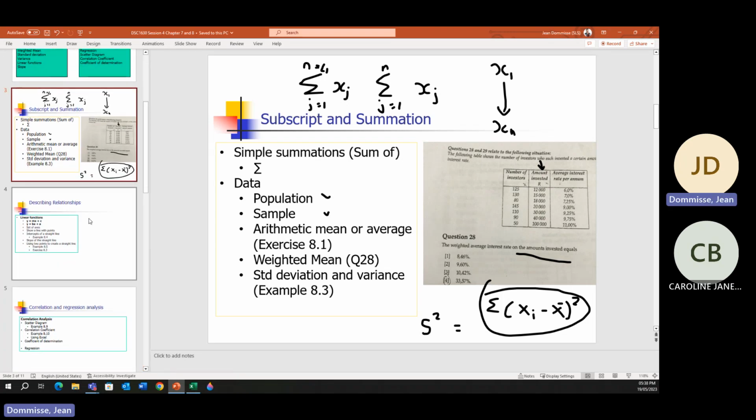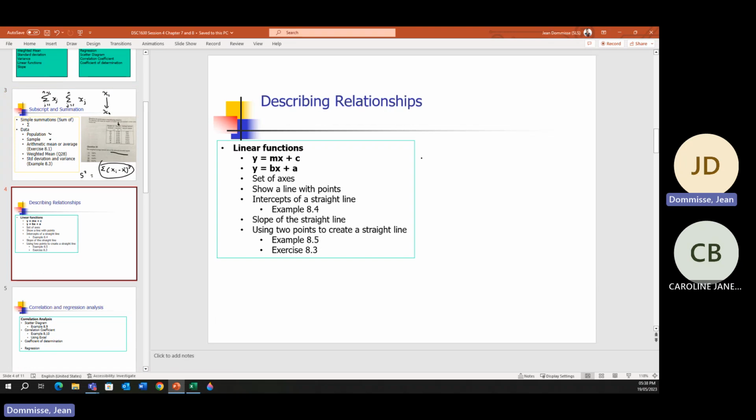Okay, so then we go into describing relationships with linear functions. At this stage, in maths or somewhere, we would have seen this mx plus c that you use for a line.